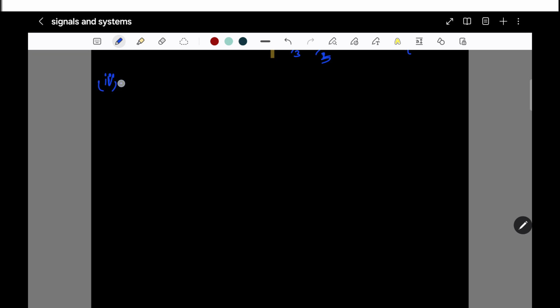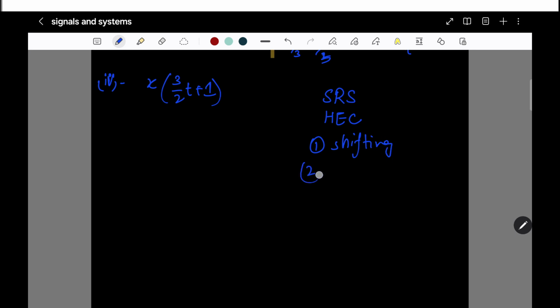Okay, so now if we move to the last part, which is x of 3 by 2t plus 1, here you have a scaling and the shifting. So if you remember the order, you have a shifting which is first in order, and then you have reversing, and you don't have the reversing here, but you have the scaling. So the second thing is scaling.